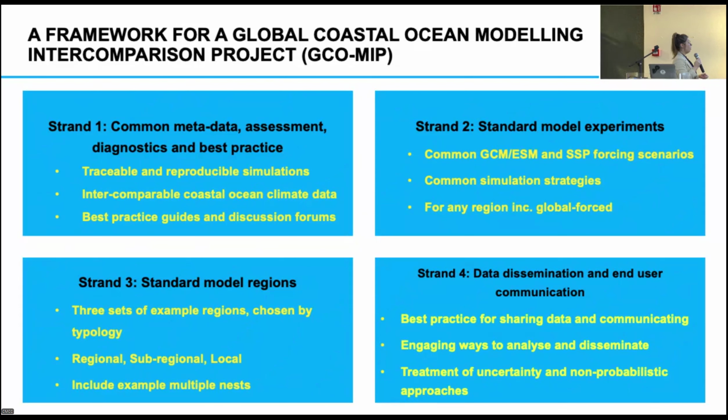The third strand is to maybe start having some very standard model regions and focus on specific coastal regions to allow the intercomparison. And the fourth strand is about data dissemination and communicating back whatever comes from this GCO MIP to the community and the end users.